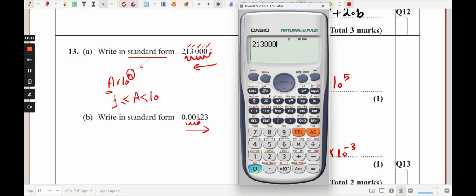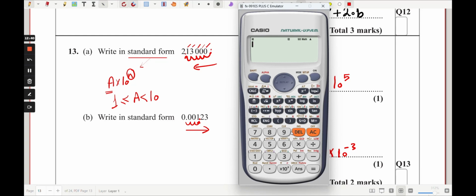213,000, equal. Yes, this is the number that we got, 2.13 times 10 to the power of 5. Now the number here, 0.00123 equals 1.23 times 10 to the power of minus 3. And don't forget to reset your calculator back to normal, writing in normal numbers.